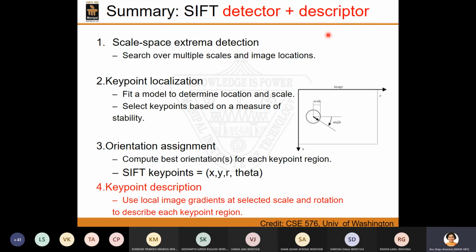One more thing to remember is that the SIFT detector and descriptor are two different stages. Once the key points are detected, you go to the descriptor.